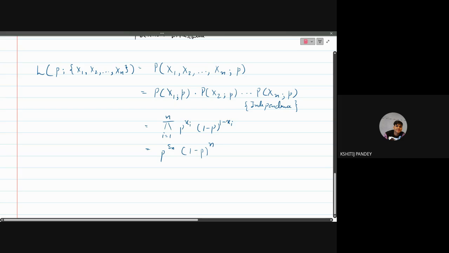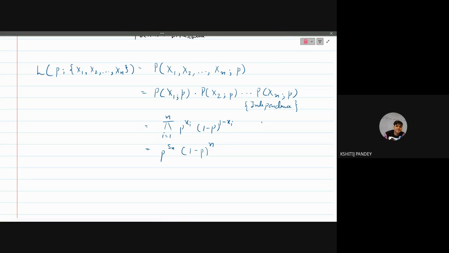And when your xi gets added, it is Sn, as we have done here. So this will be n minus Sn.